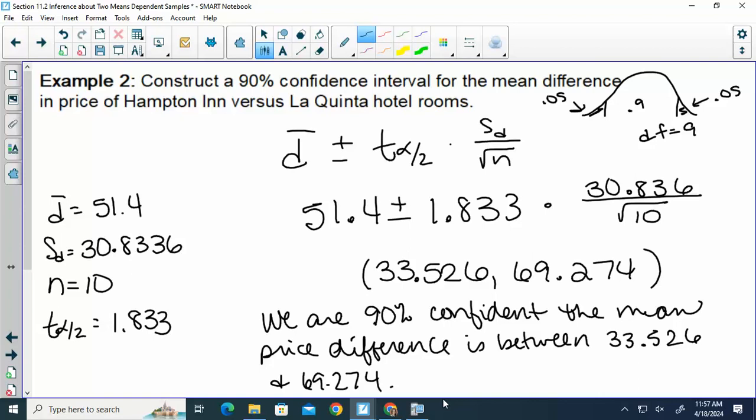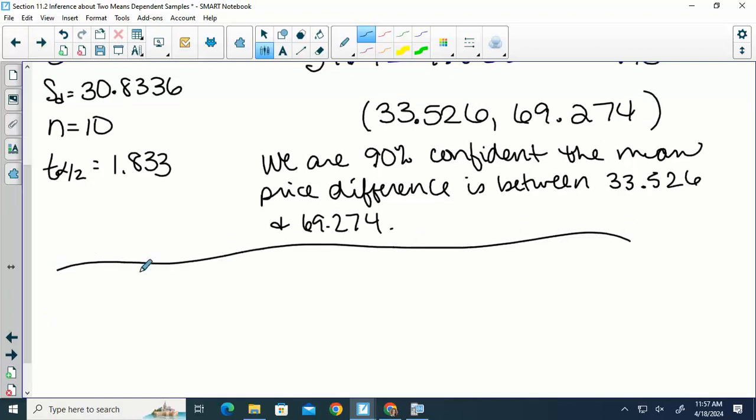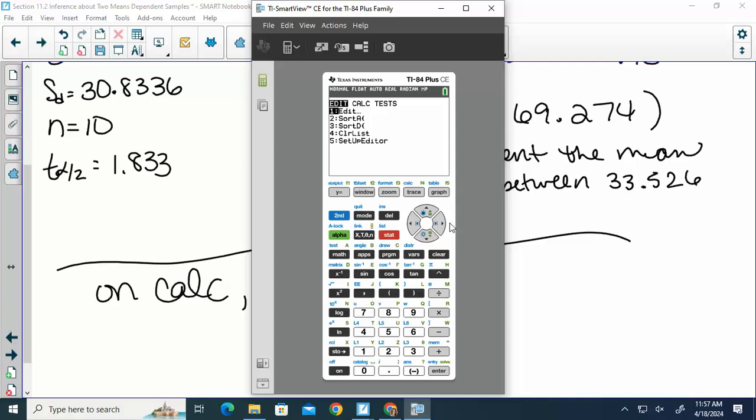We can also do confidence intervals from the calculator. Do you guys remember where we go to? We go into stats, tests. We want an interval. If we're talking about the mean, it's always the t value. So which one do we use? Number 8, the t interval. This is where we do have to be a little bit careful. We're basing off data, but I could very easily give you stats to go with.